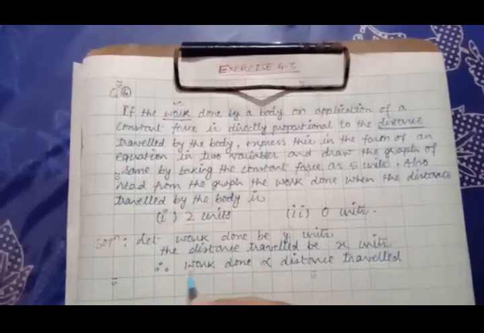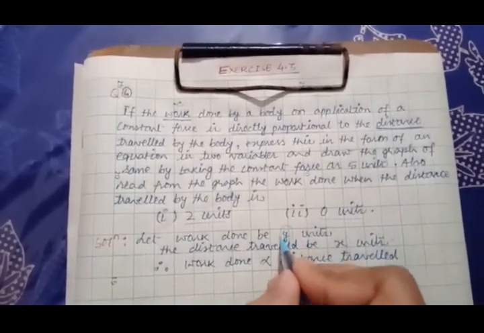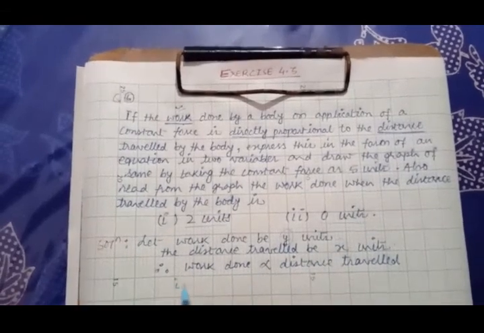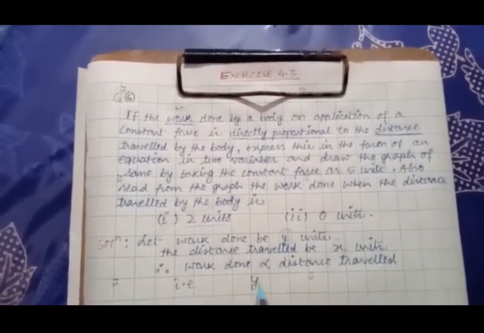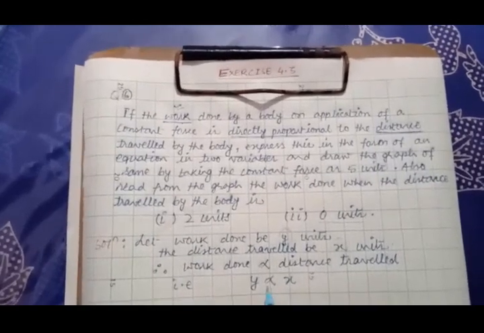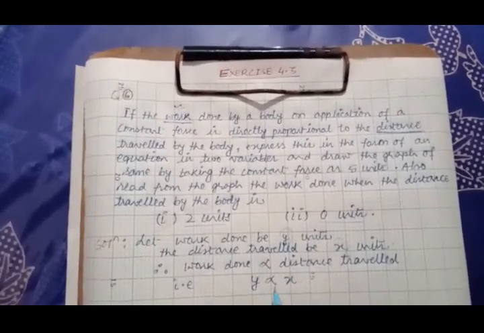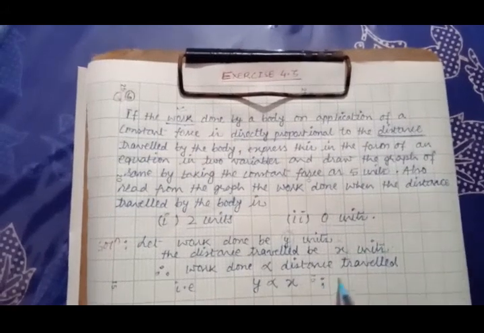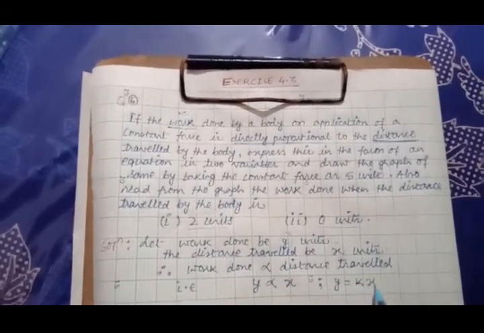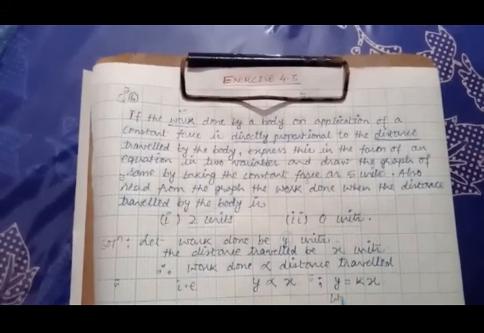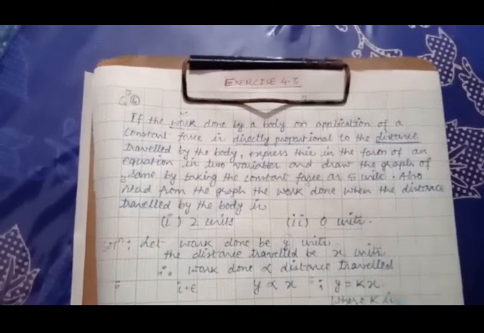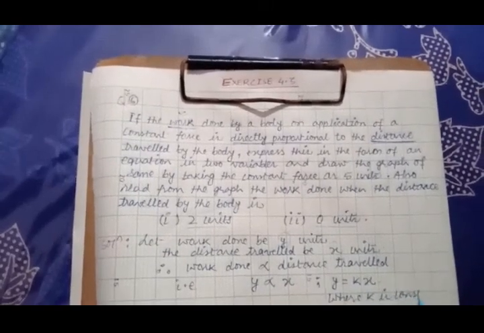So this you may rewrite in terms of these two variables y and x, like y proportional to x, and as this sign of proportionality is removed, it becomes y equals constant k times x, where obviously k is a constant.